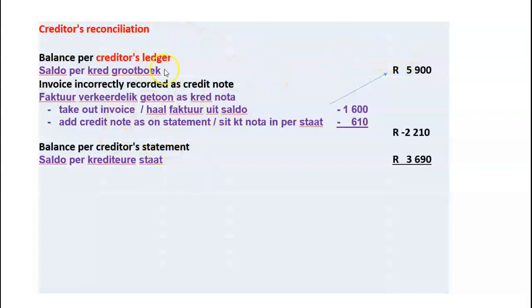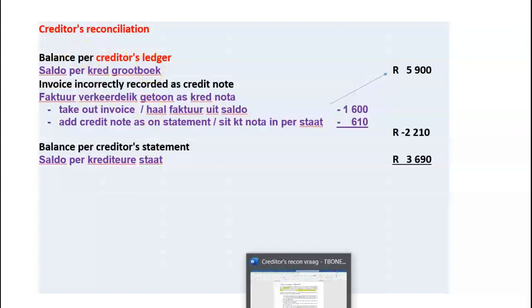So if I want to make my balance the same as his balance, I have to take out the R1,600, then it isn't in my balance either. I'm not going to pass an entry in my books because my books are right. But on the piece of paper, I am going to say, included in whatever that balance is, I must take out 1,600 so that my balance and his balance reflect exactly the same items. So here we take out the invoice of 1,600 at whatever the ledger balance is going to be after we have calculated that.